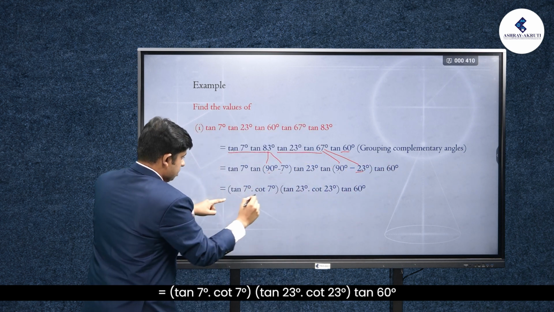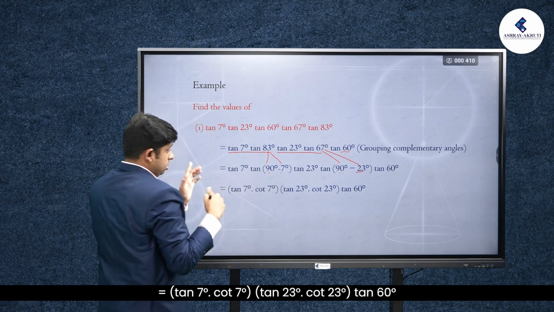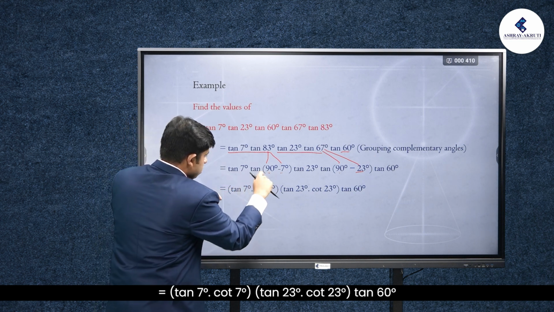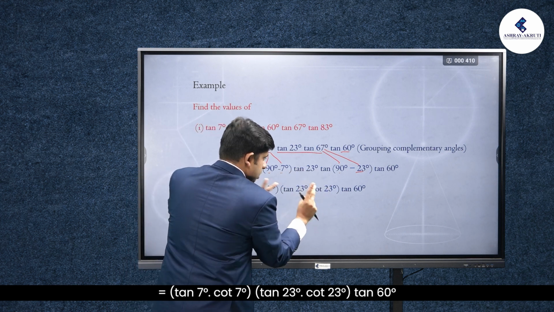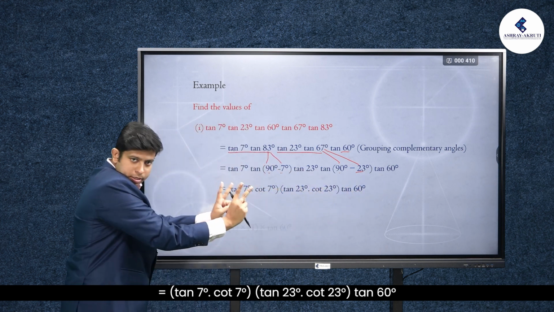That is equal to tan 7 degrees into cot 7 degrees into tan 23 degrees into cot 23 degrees into tan 60 degrees.